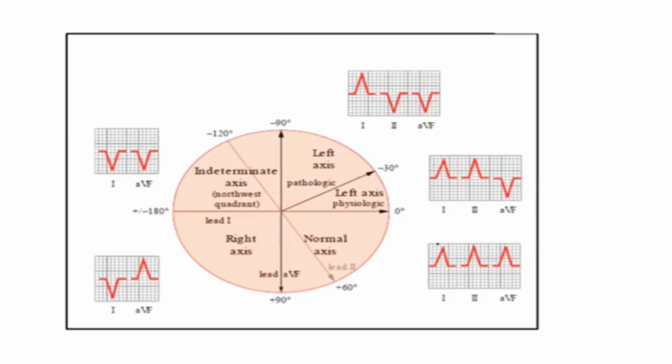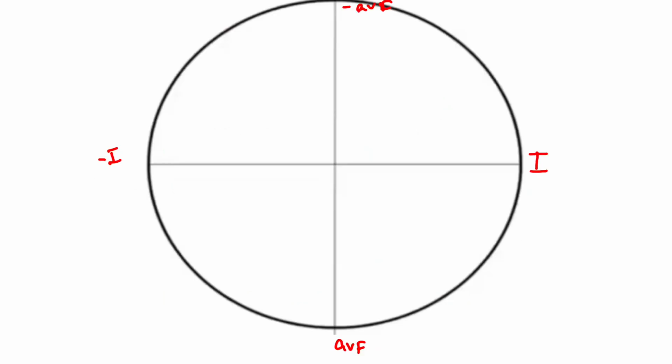Before discussing this diagram, let us come back to the previous slide. As I said, when lead 1 is positive and AVF is also positive, that will be a normal axis. When lead 1 is positive and AVF is negative, then it will be a left axis deviation.